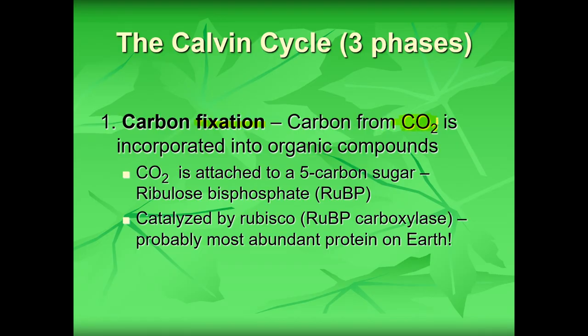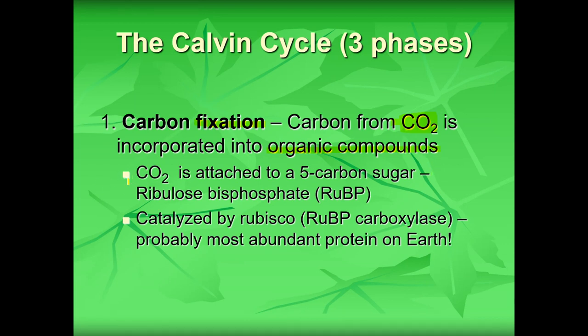The carbons in glucose, C6, come from the CO2s that are taken in by the plant. The CO2, which is not really considered an organic compound, is going to be fixed, or added, to other compounds to form organic compounds.